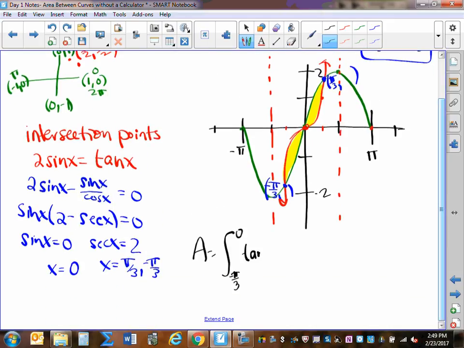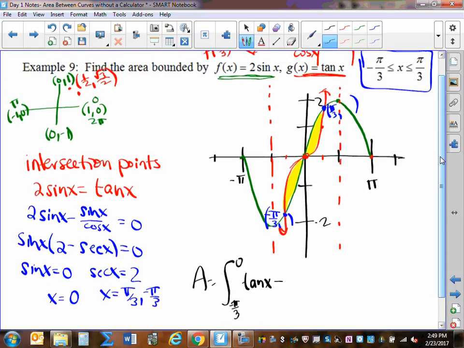So the integral of tangent of x minus the 2 sine x dx. And then we add that to our other region, which is from 0 to pi over 3. And now my top function is the 2 sine x minus my tangent of x.